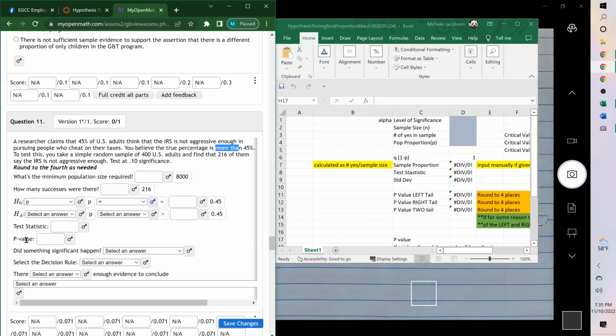Now to find the test statistic and the p-value, you plug it in here. Our alpha is 0.1 right here. Our sample size was 400.